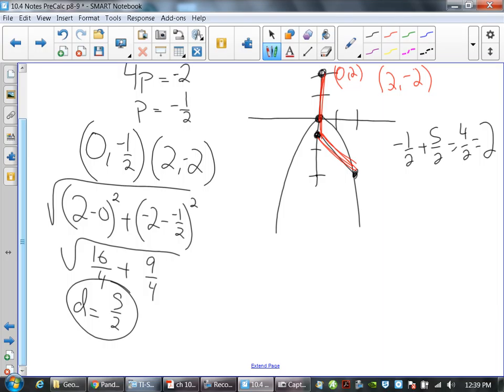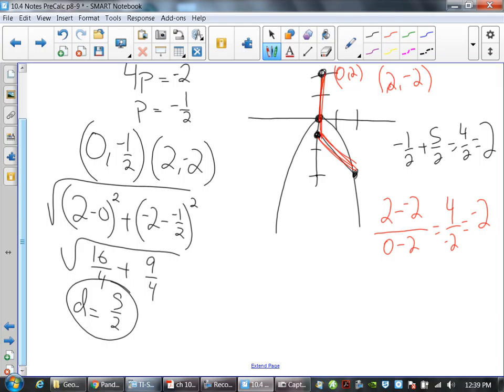Oh, it's a 2, the pen just moved. So you have your change in y over change in x. Does everybody agree that our slope is going to wind up being negative, because the line is moving downward towards the right? Change in y, we have 2 minus -2 over 0 minus 2.